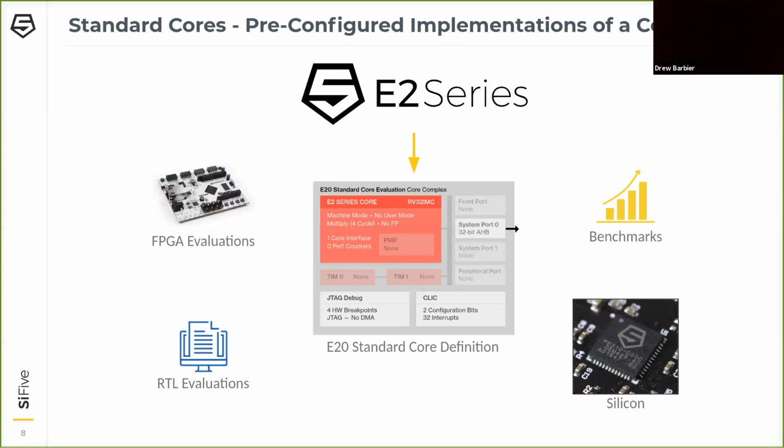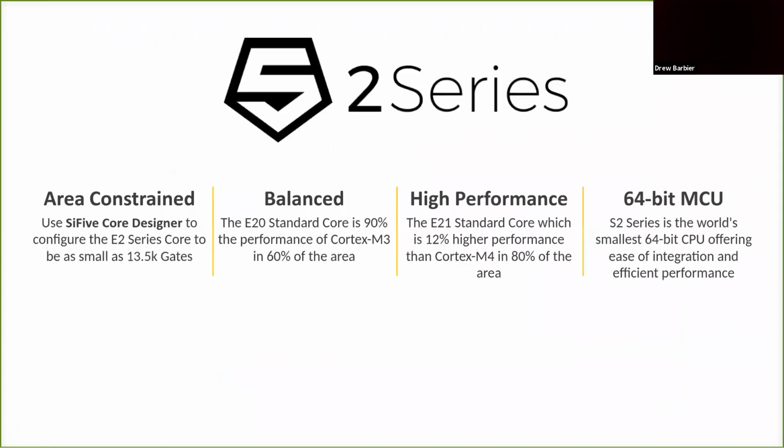In addition to just realizing it in silicon, because we've gone through the effort of going all the way through a back-end flow, and the designs are more or less on the shelf, we then turn around and make the standard cores easily available to our customers in the form of FPGA evaluations and RTL evaluations, which are available from the website.